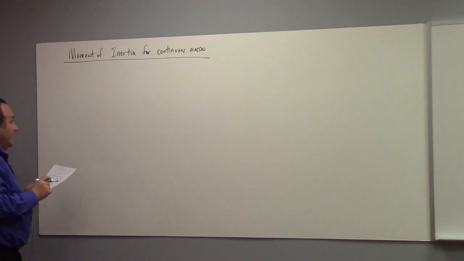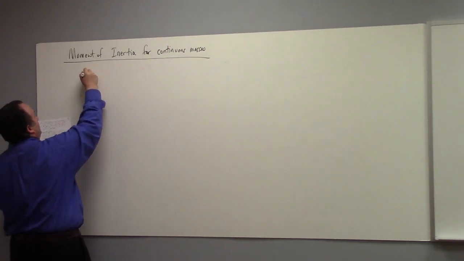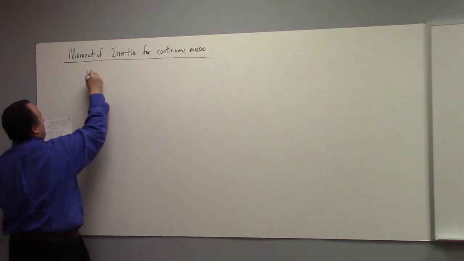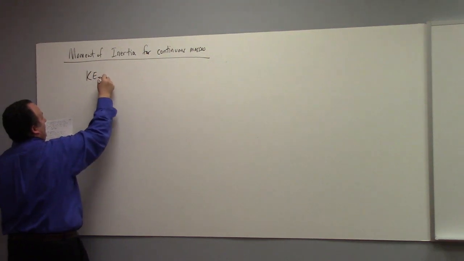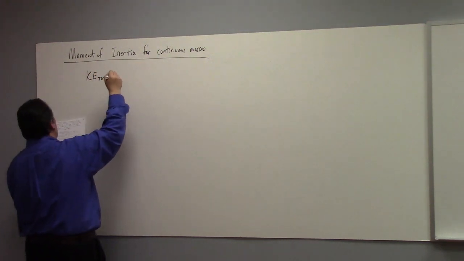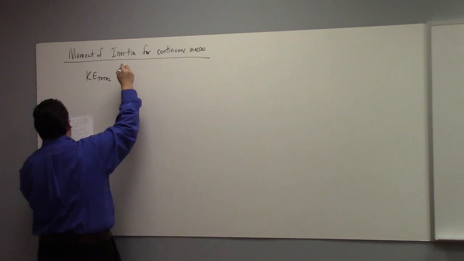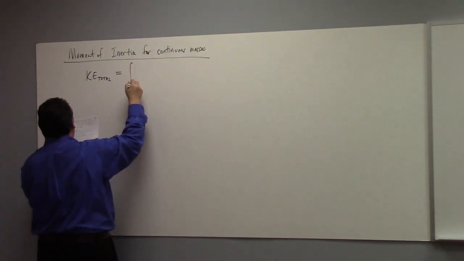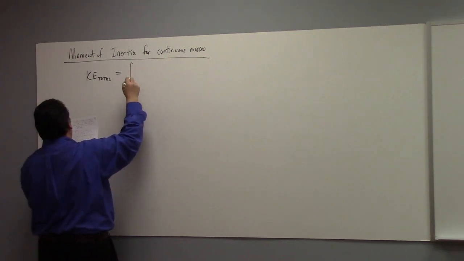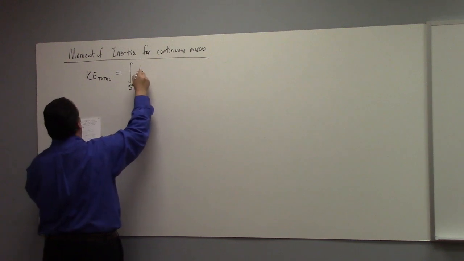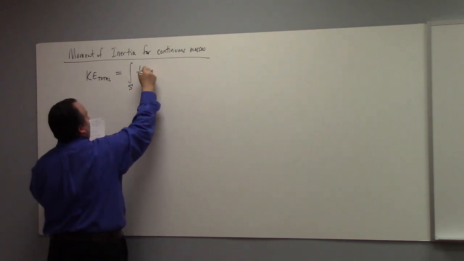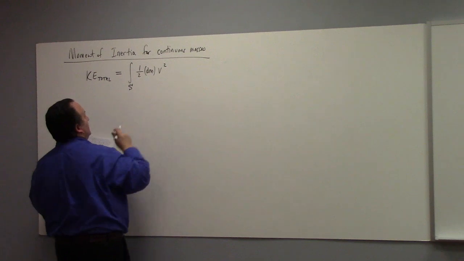The key idea here is in that situation, the total kinetic energy is rotational. In particular, you can calculate it like this. You can integrate over the object, let's call it S, of 1/2 dm v squared.